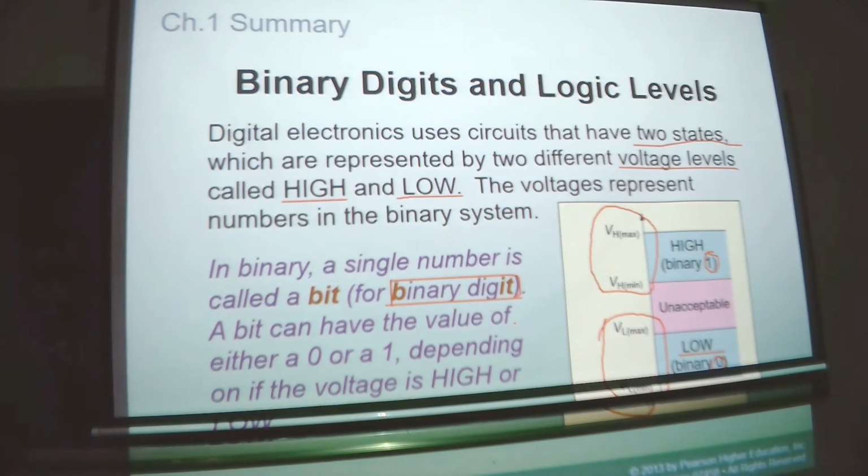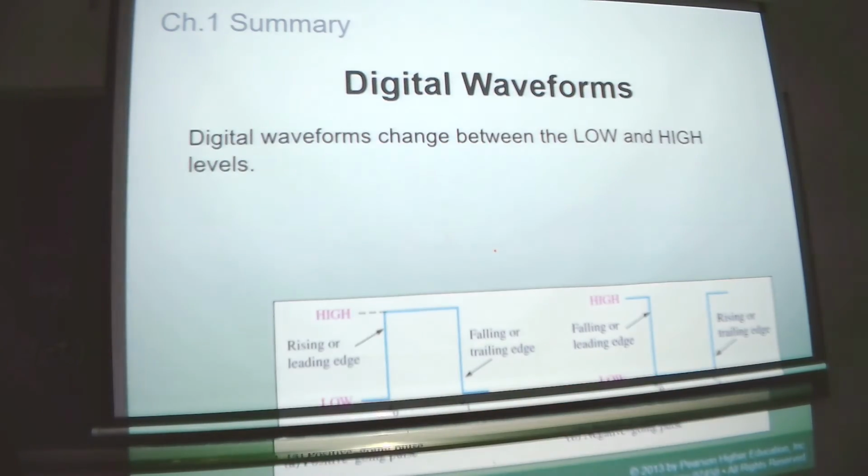This is the binary system. Digital waveforms change between the low and high level. Low level, high level, only two values.